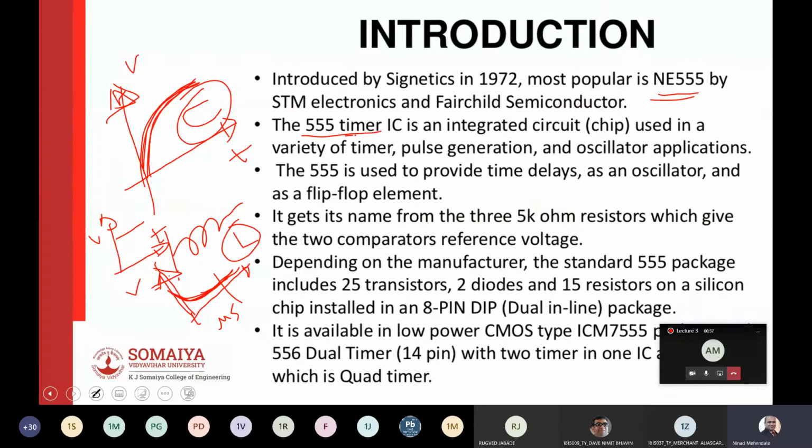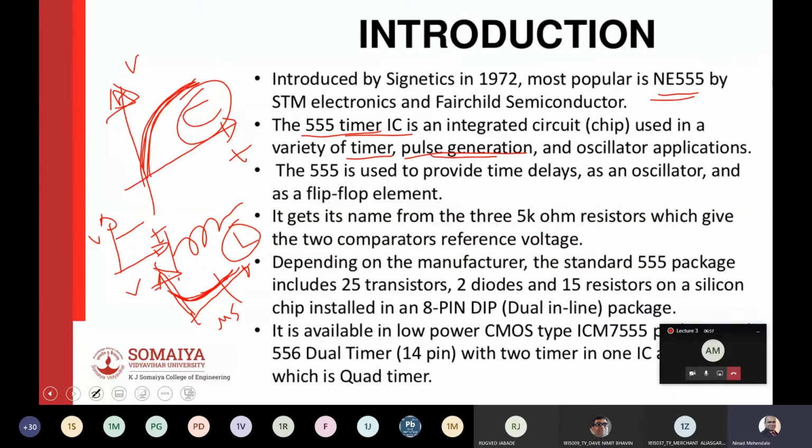So IC 555 is an integrated circuit which is used for different applications like a timer. One example of a timer is your alarm clock. सुबह 8 बजे let's say you want the alarm to ring. So you can build it using IC 555. Second application is pulse generation.